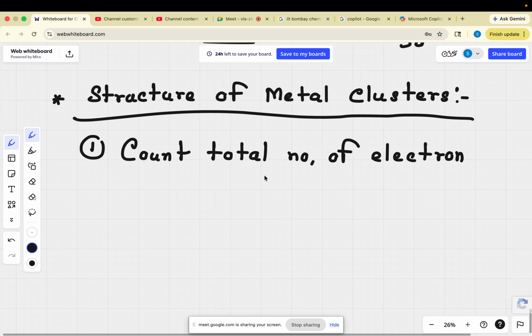This is known as your TEC, total number of electron.